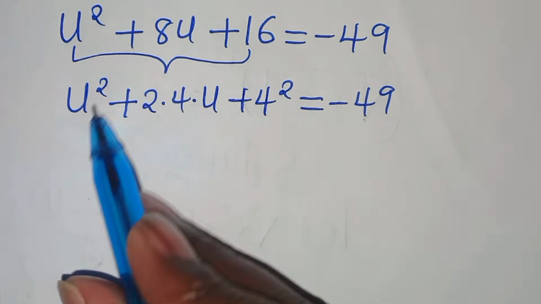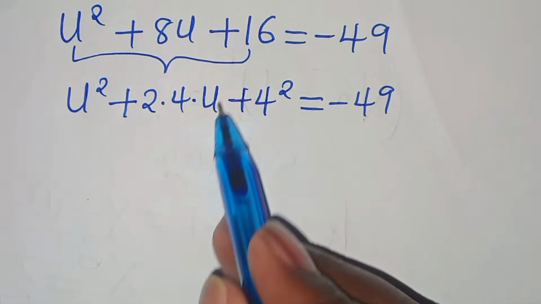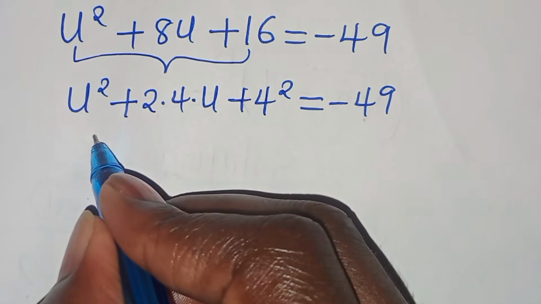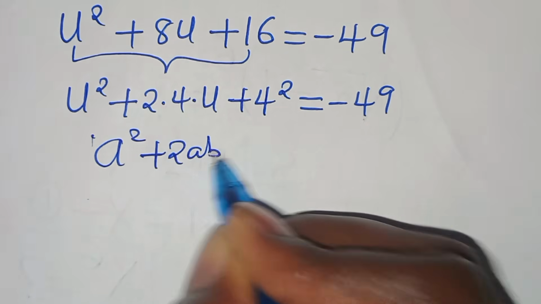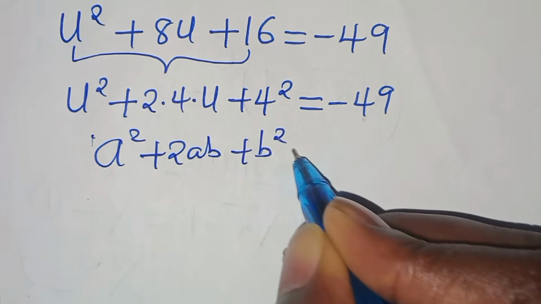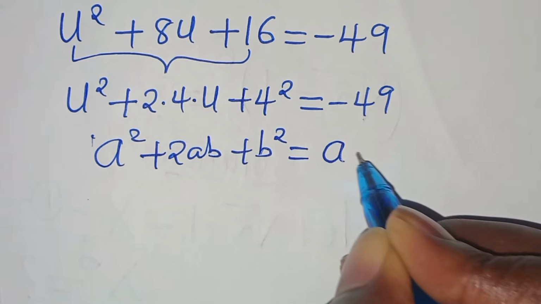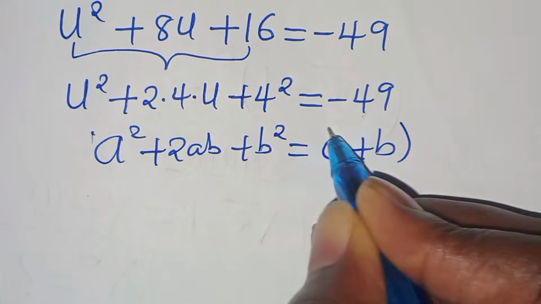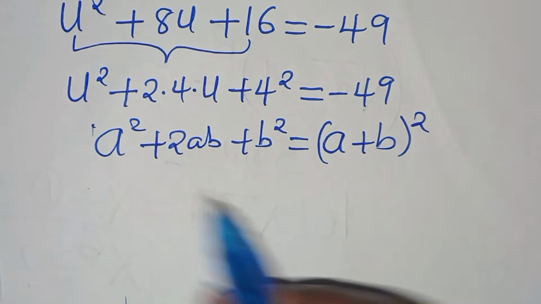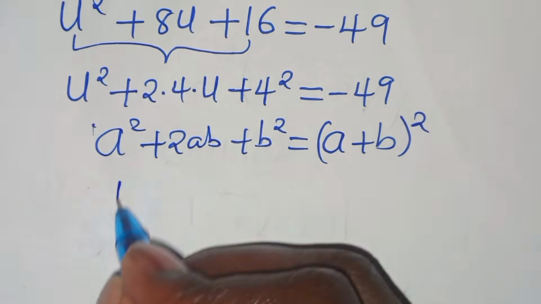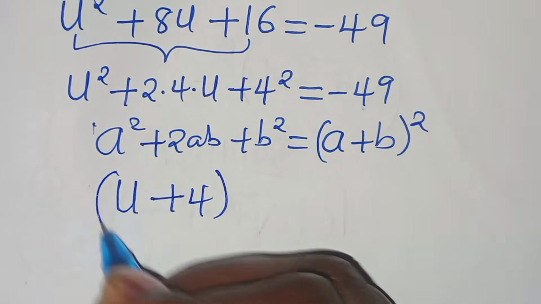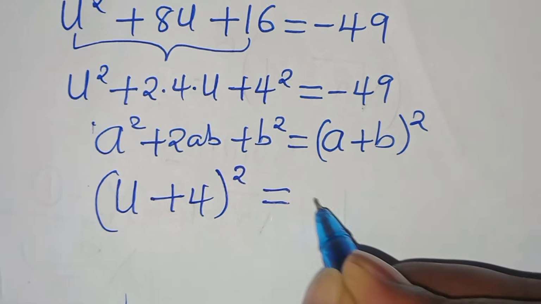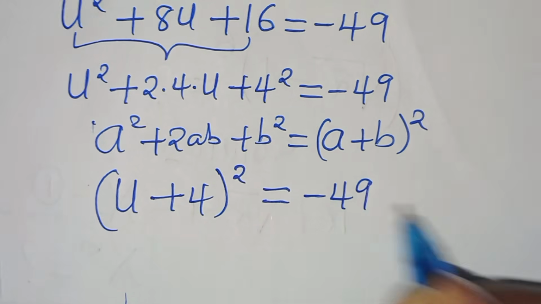Now we have that u squared plus 2 times 4 times u plus 4 squared is in the form of a squared plus 2ab plus b to the power of 2. This can be expressed as a plus b raised to the power of 2. Now, here we can express this as u plus 4 raised to the power of 2, equal to negative 49.